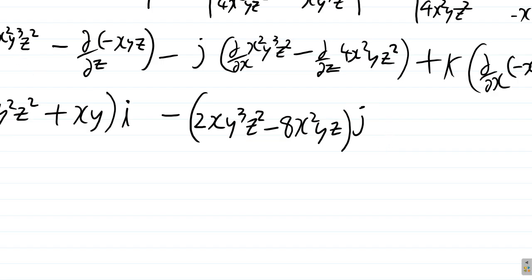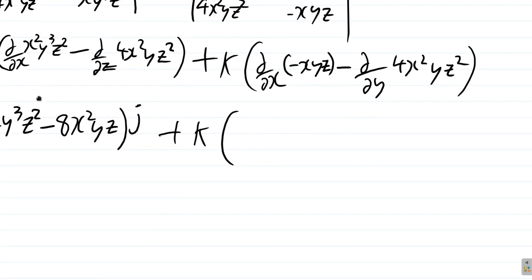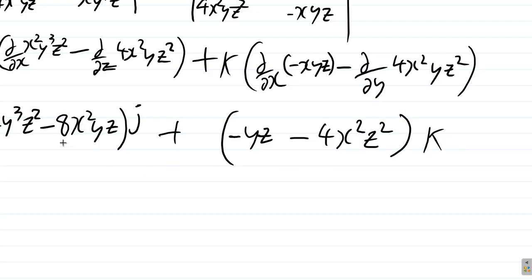So we have that, plus k now. Let's put the k after. So the partial by partial x of this is negative y z, minus the partial by partial y of this, which is 4x squared z squared, k.